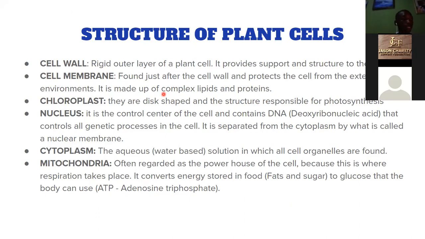So the cell wall is not flexible. What is its function in the cell? It provides support and structure to the cell. Let's take note of that. All right, let's move on.